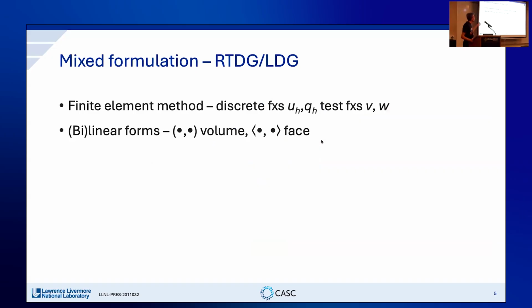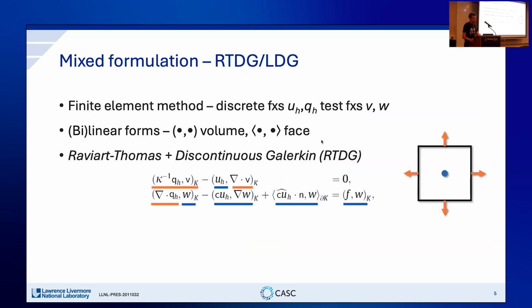But starting slowly with just classical finite elements, classical notation, the most classical formulation of all is probably a combination of Raviart-Thomas elements with discontinuous Galerkin elements for the potential. So the system then would look like this.